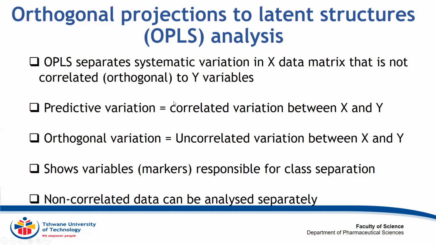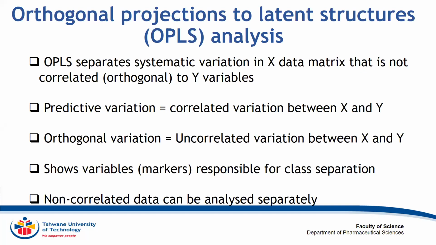So what does OPLS do? OPLS modeling separates your X data matrix into data that is correlated to a Y variable, which is the classification that you've introduced. So in the predictive variation, it correlates variation between X and Y. And then we have orthogonal, which is systematic variation that has nothing to do with the classification that you have introduced.